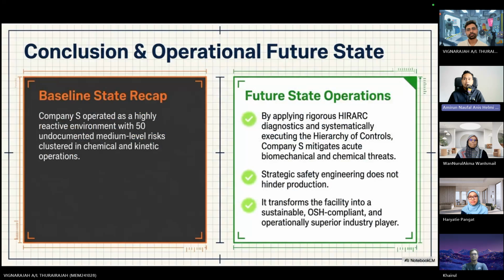For all of our case study here, we also mentioned following the hierarchy of control based on the pyramid: elimination, substitution, engineering control, administrative control, and last is PPE. In the future, we apply the rigorous hierarchy diagnostic and systematically execute these controls and follow the safety engineering strategy, and lastly transform the facility into a sustainable, OSH compliant and operationally superior industry player.